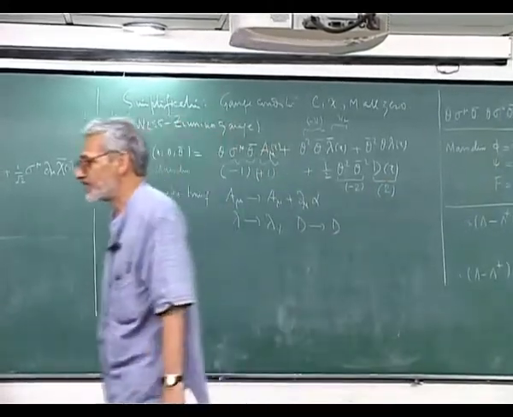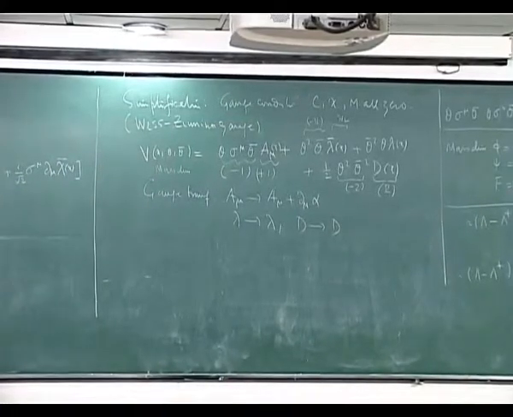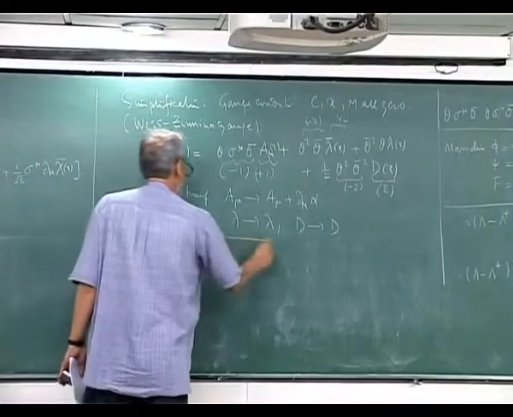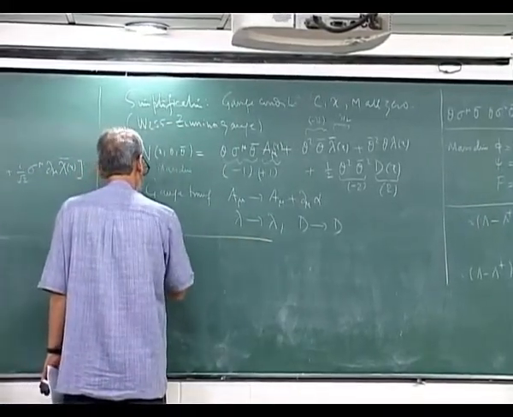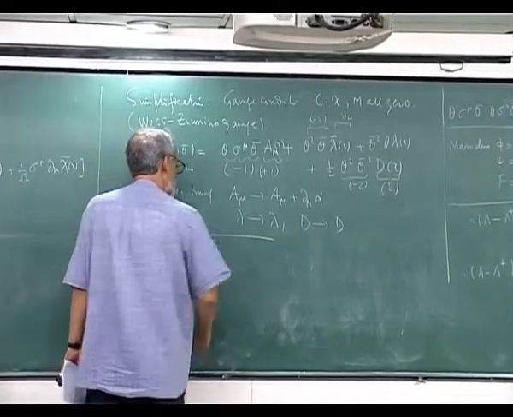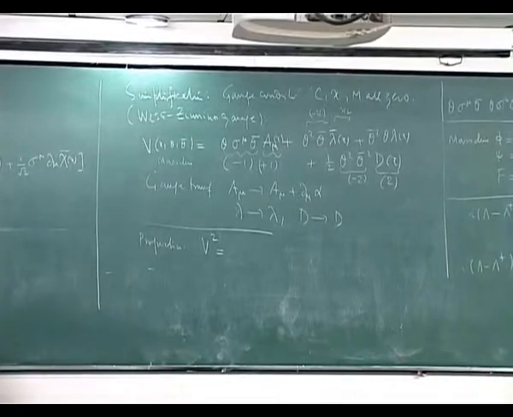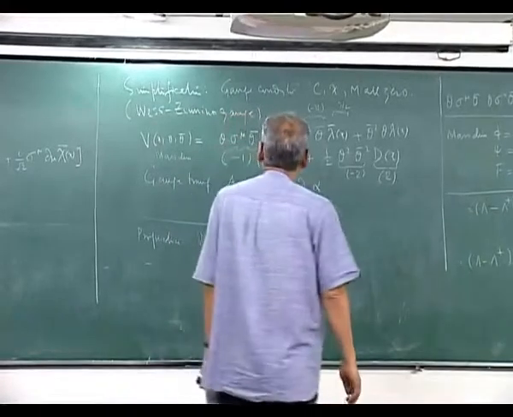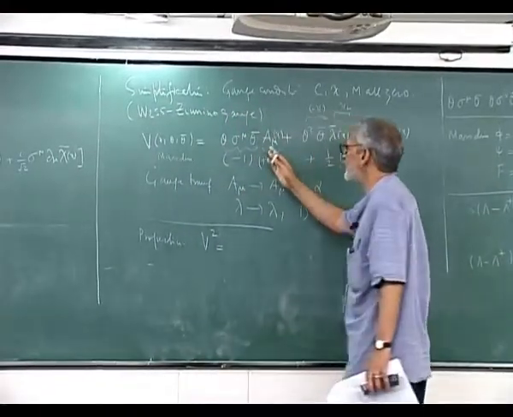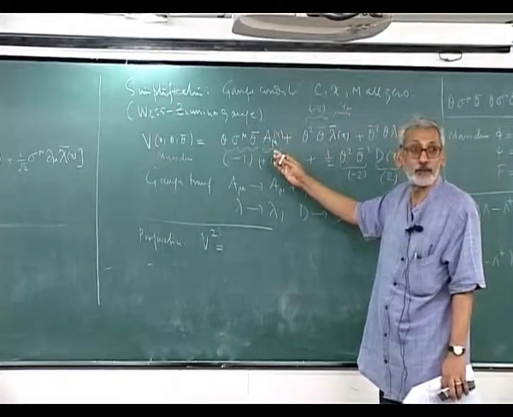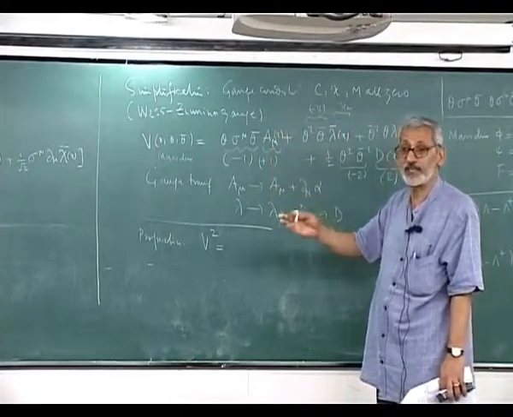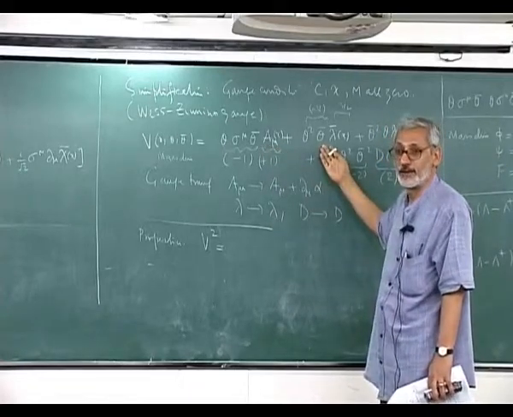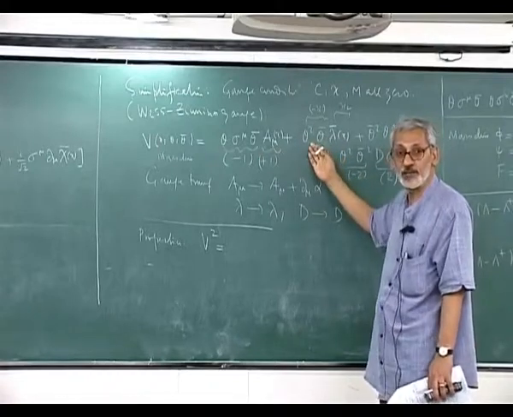Now this vector field has some interesting properties. Let me calculate V square. Take the product of two V's. The only term which does not have a particular theta repeating more than once, because the square of every theta component is 0, is the square of this object.